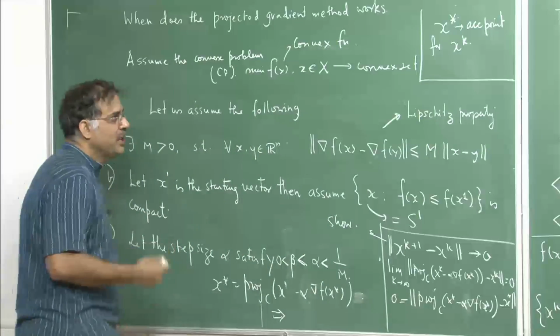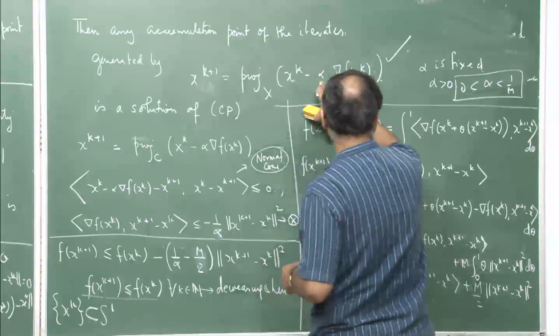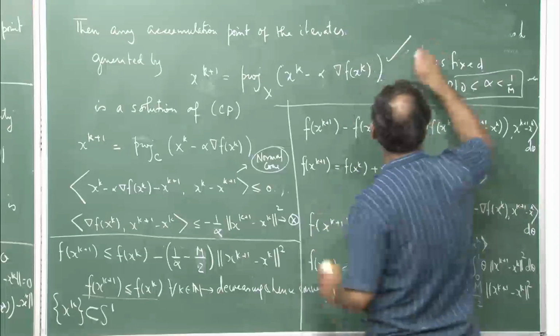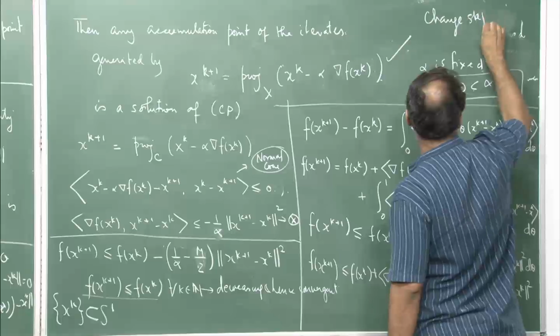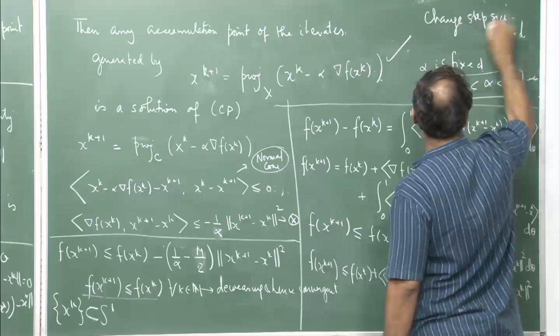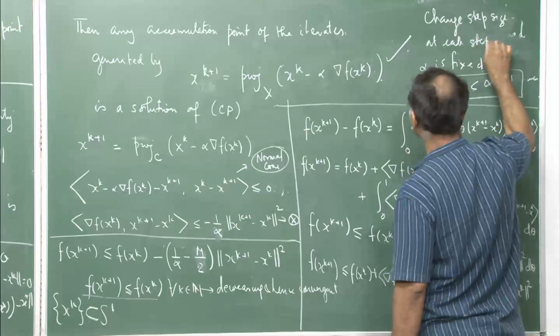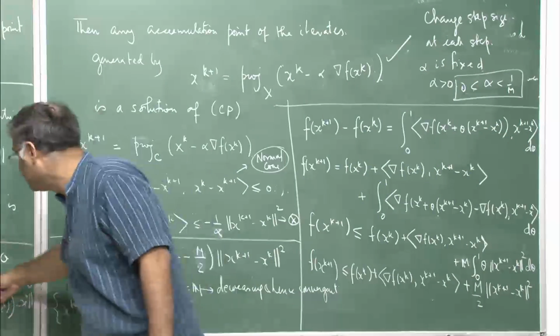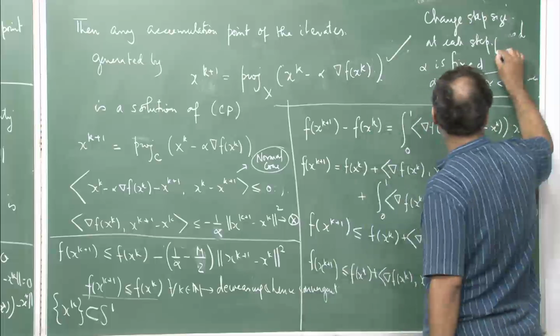So, when I change the step size to alpha k, we had worked with the step size constant and fixed. Now, if I change the step size at each step, can you repeat this argument? The homework would be to repeat this argument.